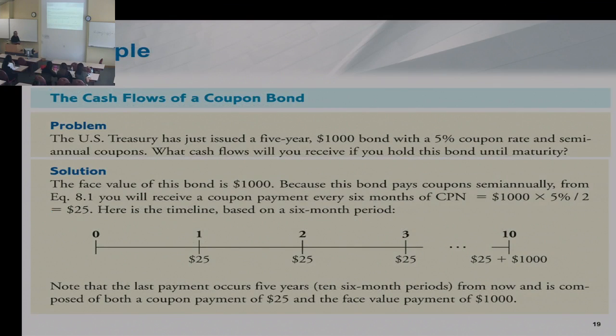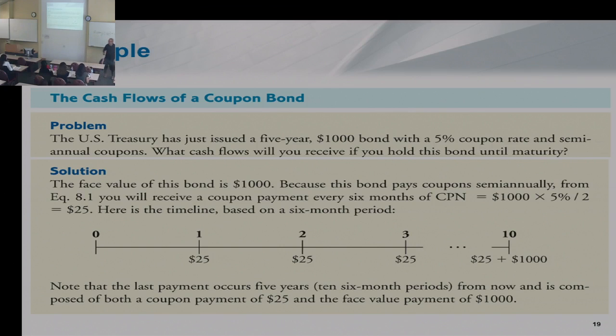Let's say the US Treasury has just issued a 5-year $1,000 bond, 5% coupon. Always read carefully whether they're annual or semi-annual. It says semi-annual coupons. If it didn't say semi-annual, I think you'd have to assume annual, because that would be the default.